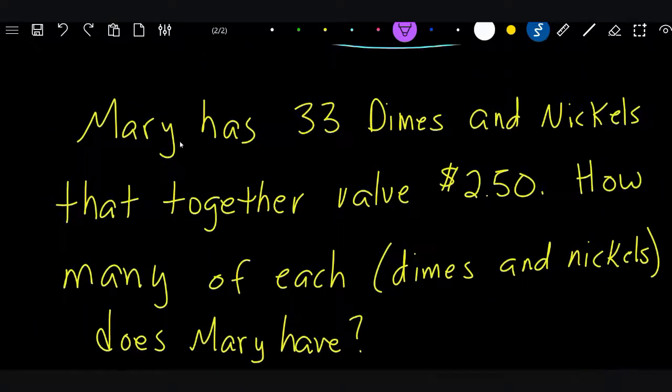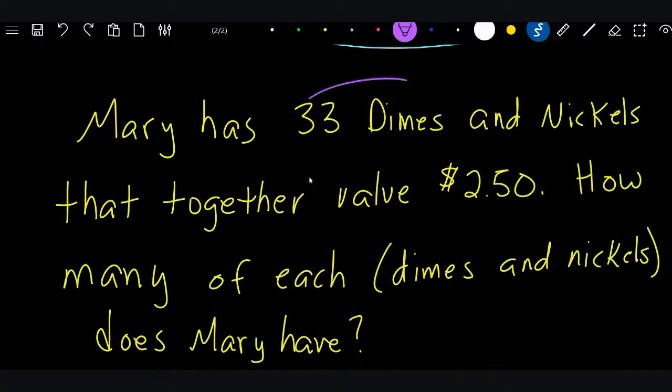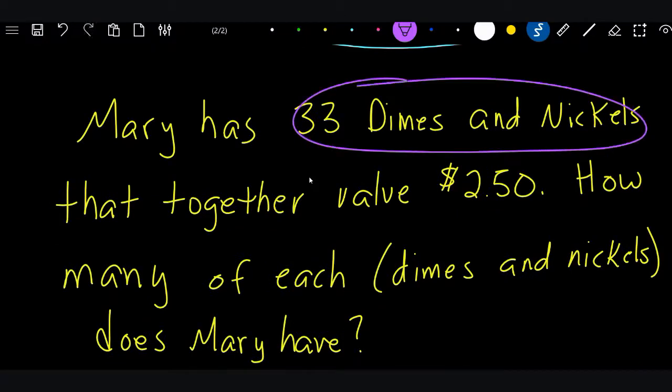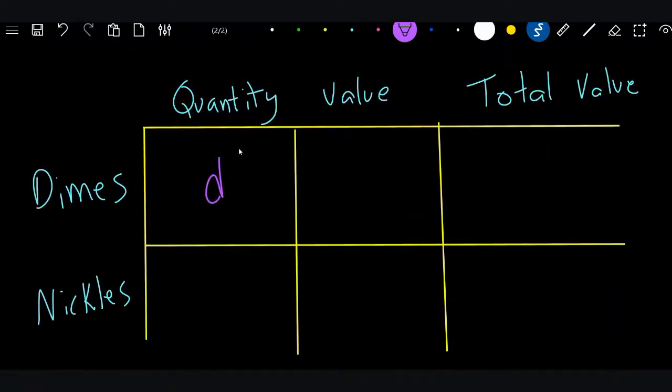So let's go back to the question. If she has 33 dimes, so we already saw that here. There's our dimes, 33 dimes and nickels. Okay? So what does that mean? That she would have 33 of these two together. So in other words, she has 33 minus the dimes. This would be the nickels.